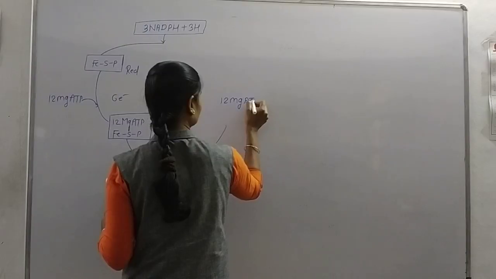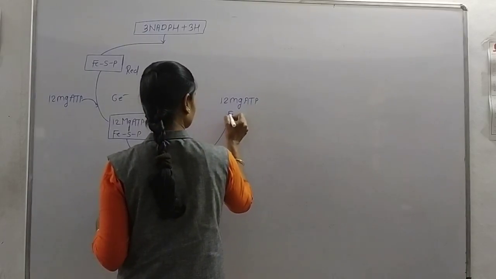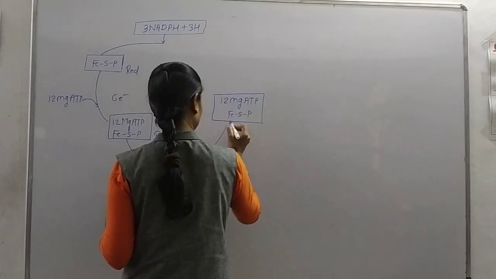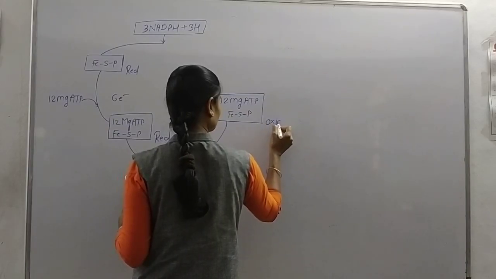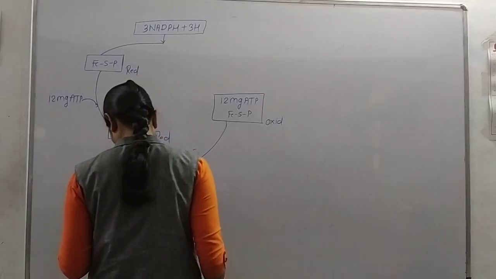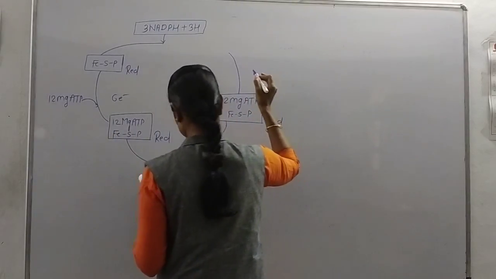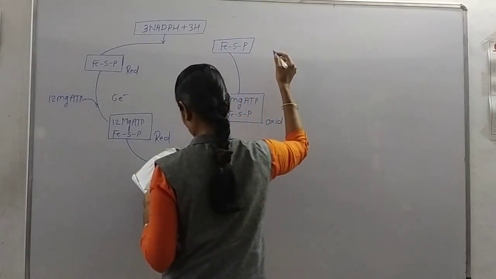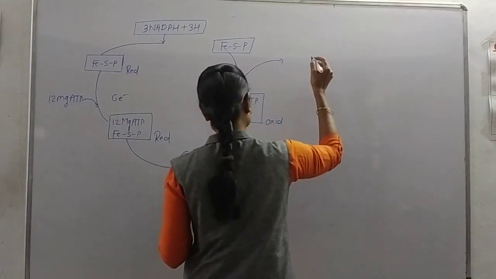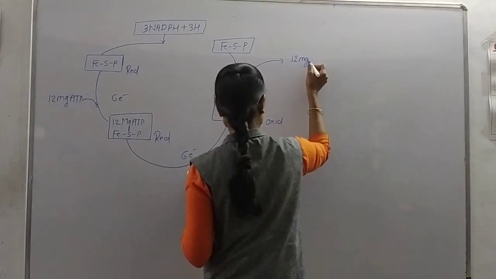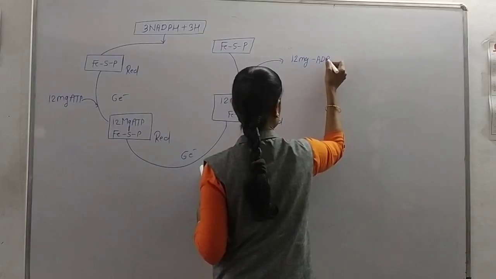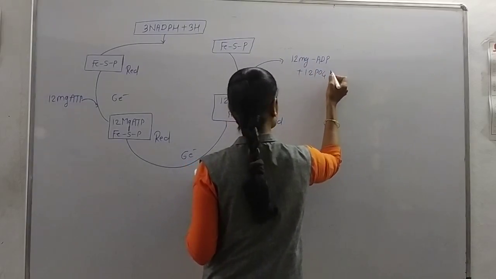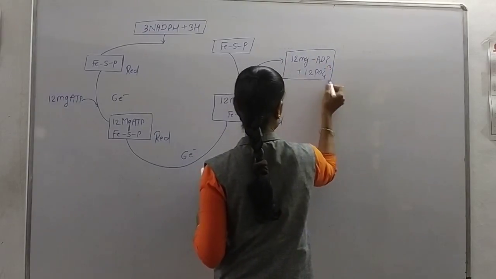Magnesium ATP, iron sulfur protein, oxidized form, plus phosphate is leaving out.